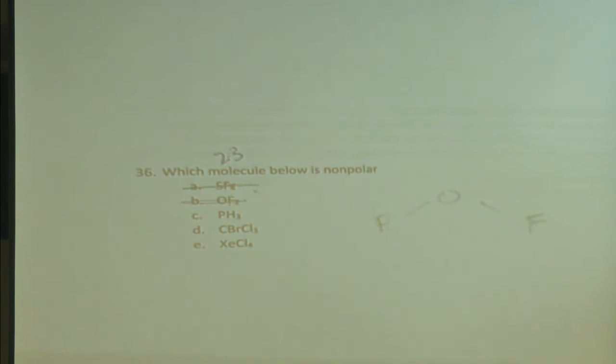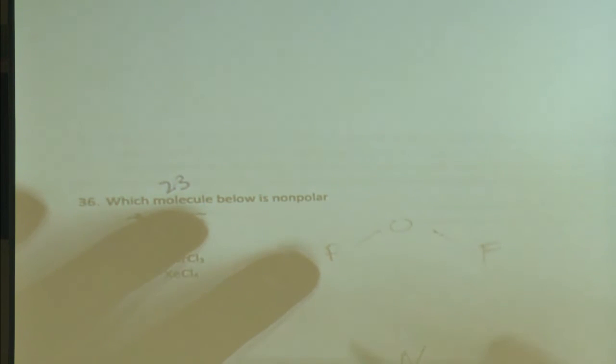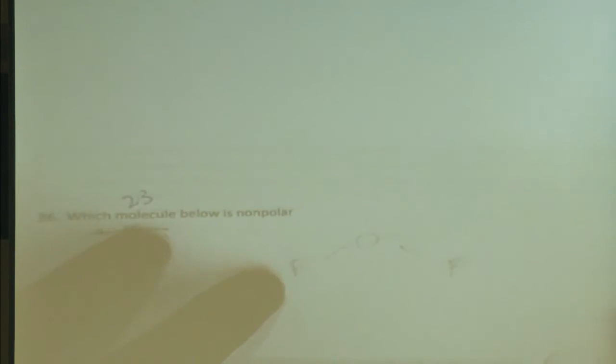Nitrogen. What does NH3 look like? It's trigonal pyramidal. So PH3 should look exactly the same. Everyone's donating the same amount of electrons. Polarity is going to be generally the same. We said NH3 was polar, so we have to say PH3 is polar, right?